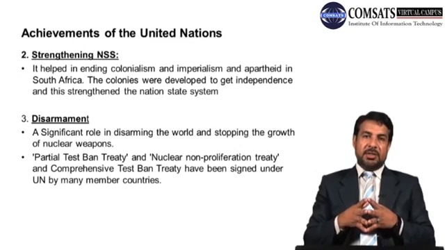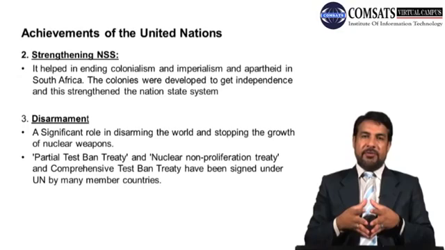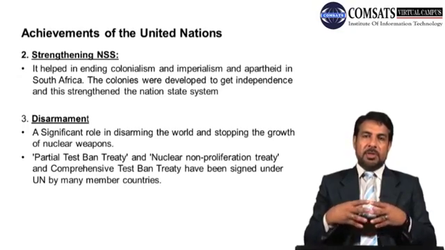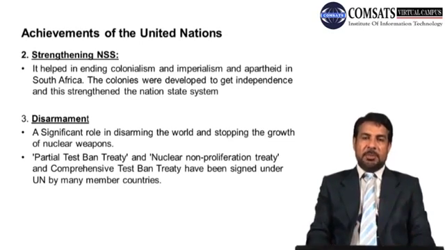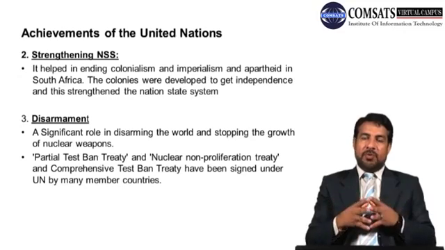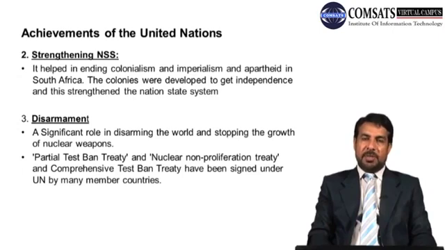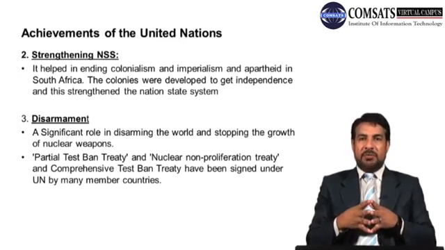Although nuclear proliferation happened and some countries acquired nuclear weapons, it has prevented the growth of these weapons throughout the world. दुनिया के जितने भी ममालिक हैं, they tried to get nuclear weapons, but through the efforts of the UN, it did not spread to many countries. So far, there are only 8 countries that have acquired nuclear weapons capability, while the proliferation of nuclear weapons was prevented by the UN's effort.